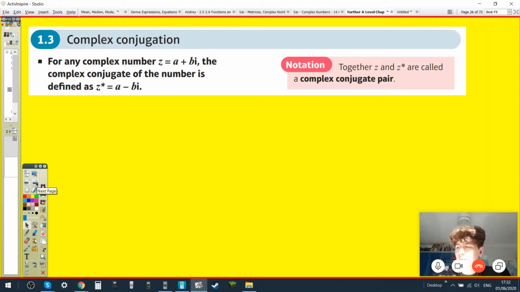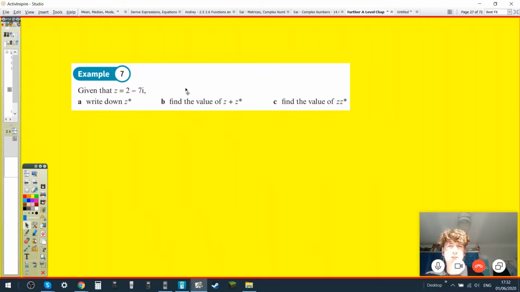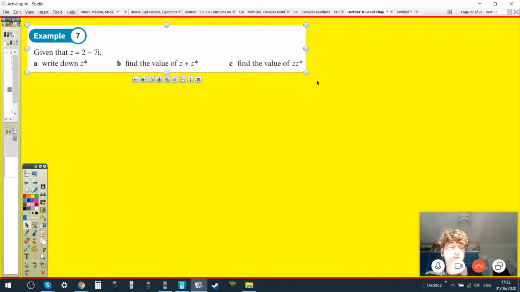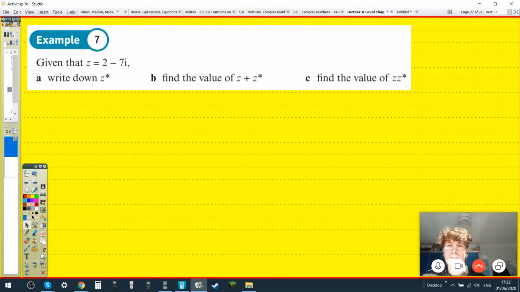This is like inverses. Maybe. Okay. What is this? Given that z equals 2 minus 7i, z star would be 2 plus 7i. Yep.